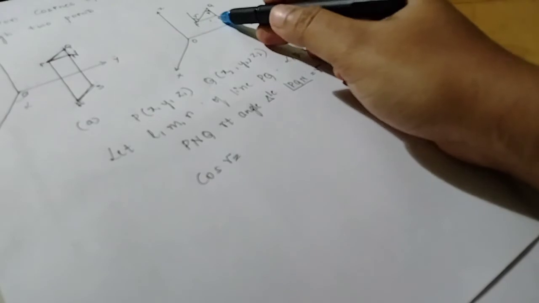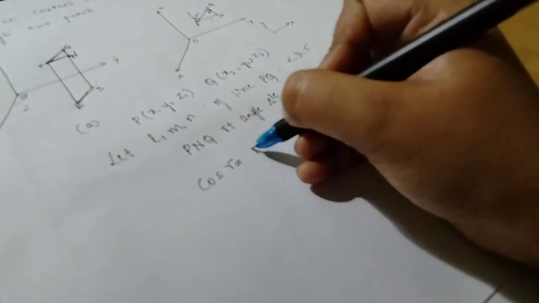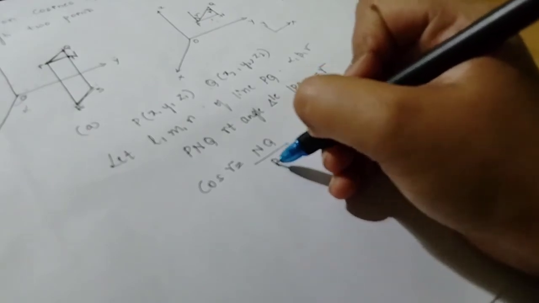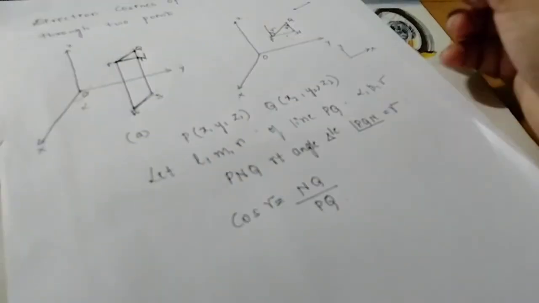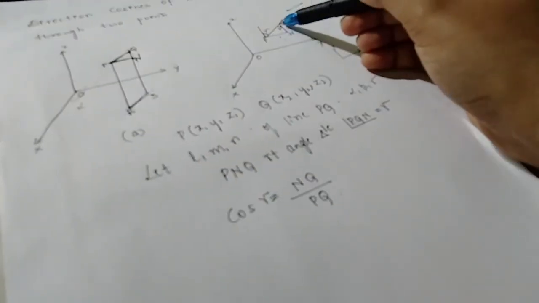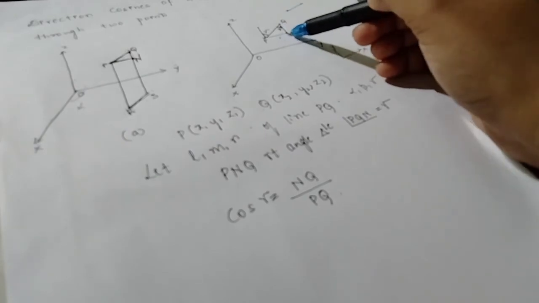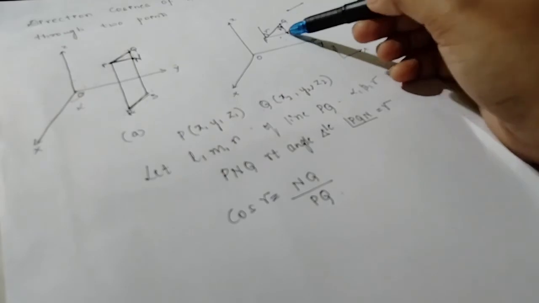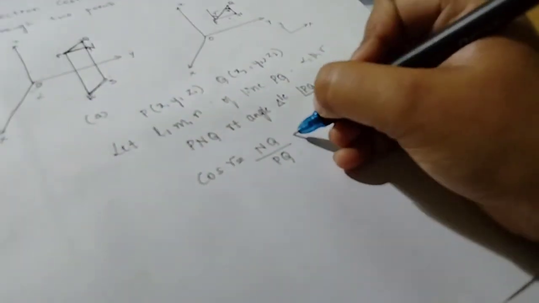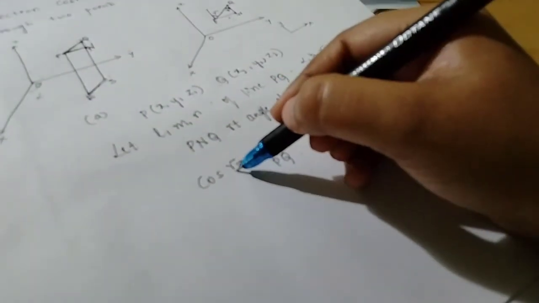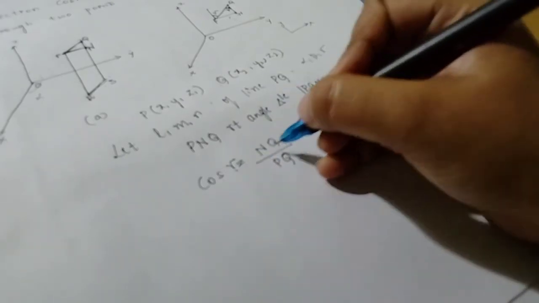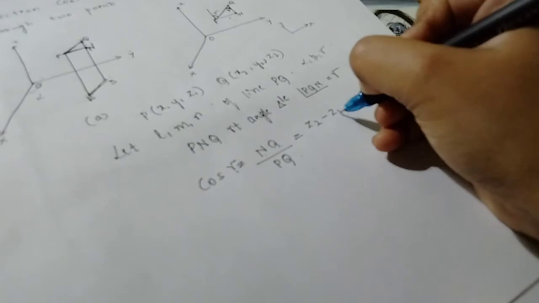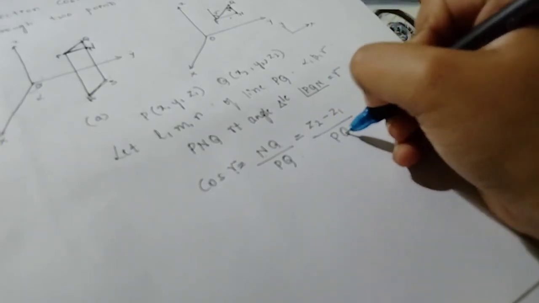Cos gamma will be equal to NQ divided by PQ, that is, adjacent side divided by hypotenuse. Gamma is the angle with respect to the Z axis, so NQ is z2 minus z1, divided by PQ.